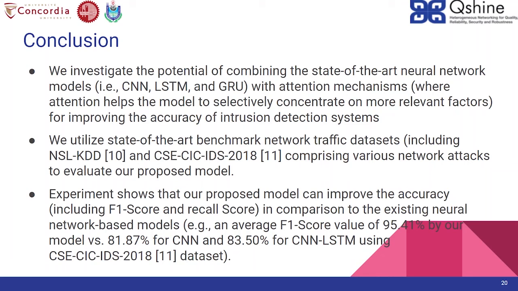On average, the F1 score of our model is 95.41%, whereas the F1 score of CNN-based models is 81.87%, and of the CNN-LSTM-based model is 83.5%. Our model also performs better than LuNet, which provides the best result from the literature.